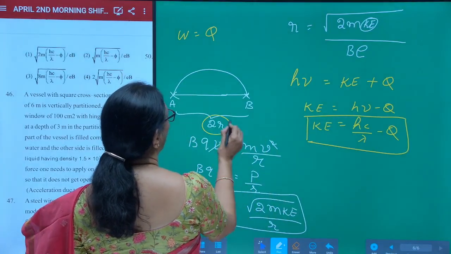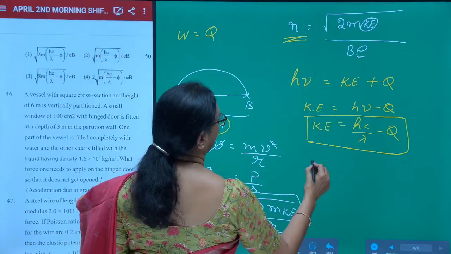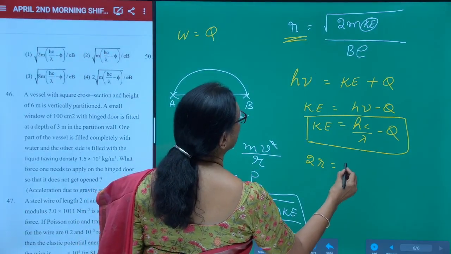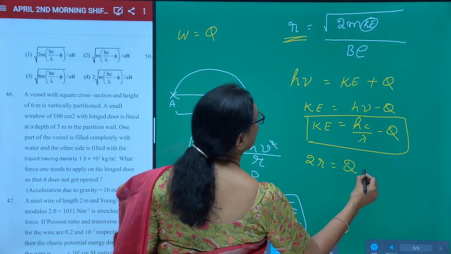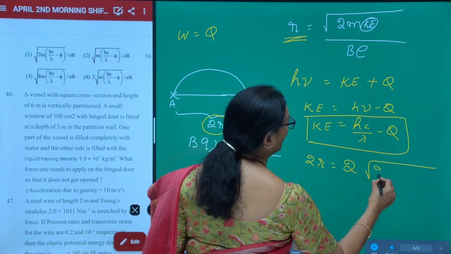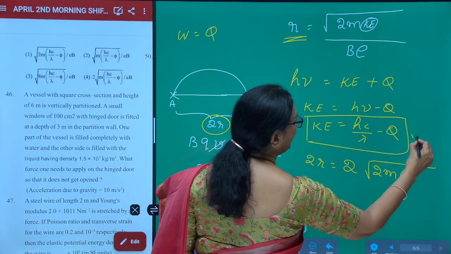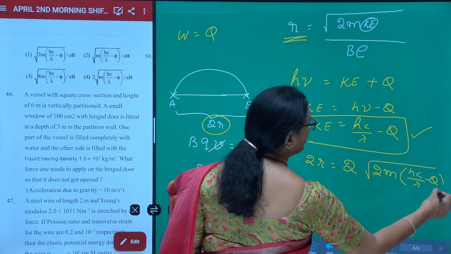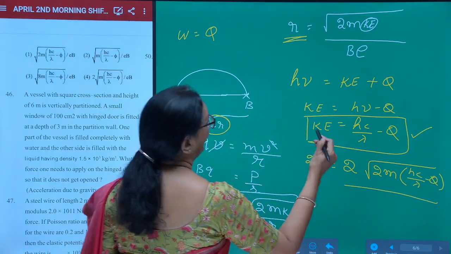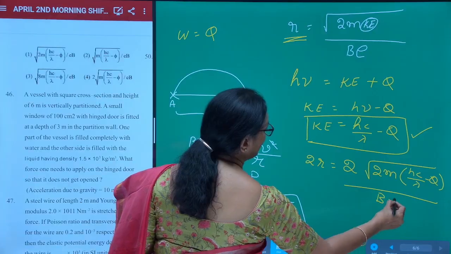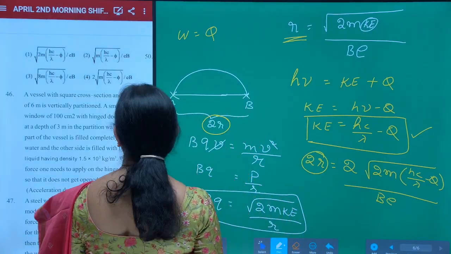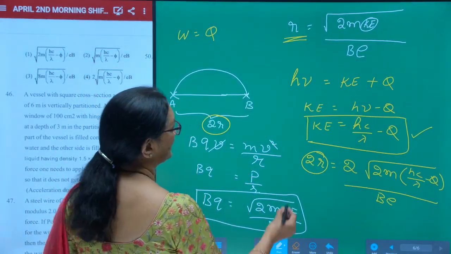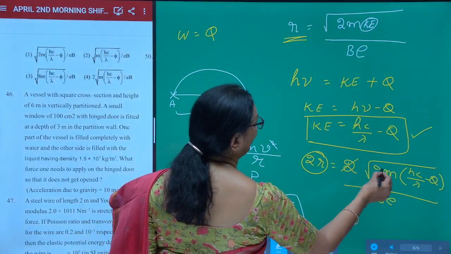We want 2r here, r expression. So, 2r becomes 2 times square root of 2m times kinetic energy, Hc by lambda minus phi, divided by Be. This is the answer. So, if you look at the options, this 2 is taken inside.